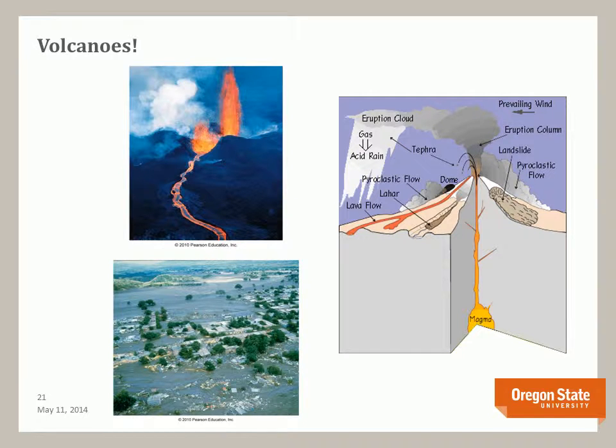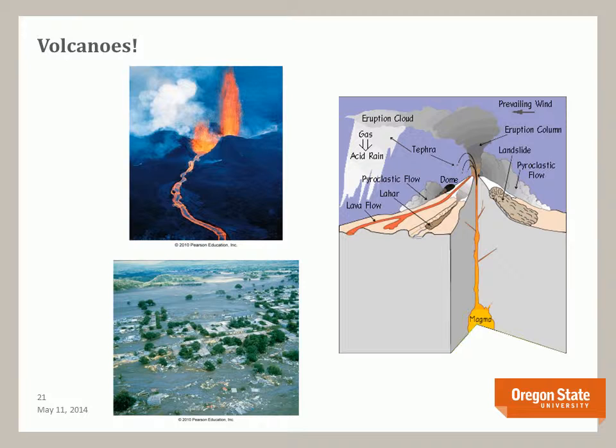Now, there are pretty good ways to predict the eruption of volcanoes. So the number of casualties in current volcanic events is usually relatively low compared to the past, because things like earthquakes, changes in surface elevation, and changes in the gases emitted from volcanoes can be used to predict these.